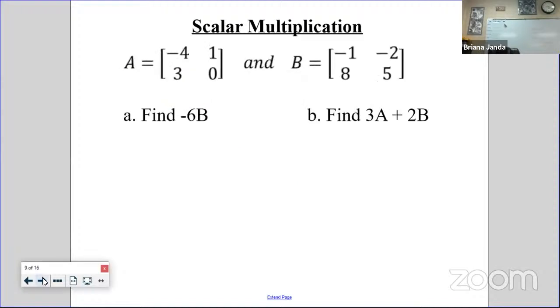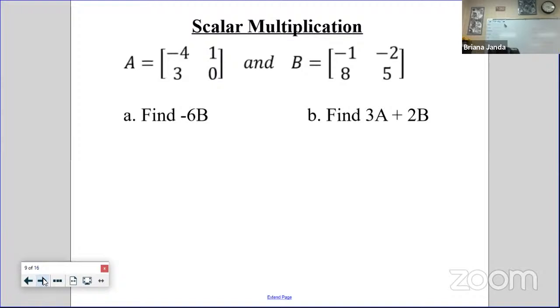Okay, so we can put a couple of these operations together. A scalar multiplication, a couple scalar multiplications, and addition. I would do the scalar multiplication first and then add corresponding elements as I do this.